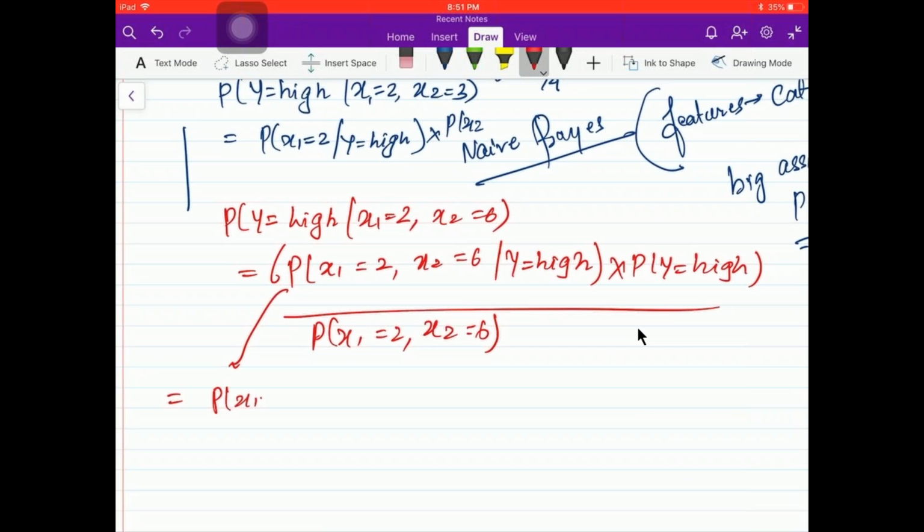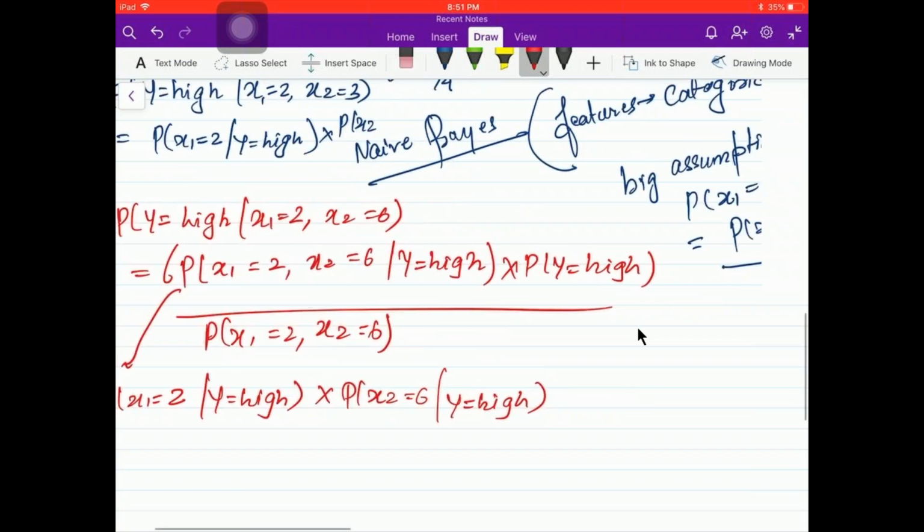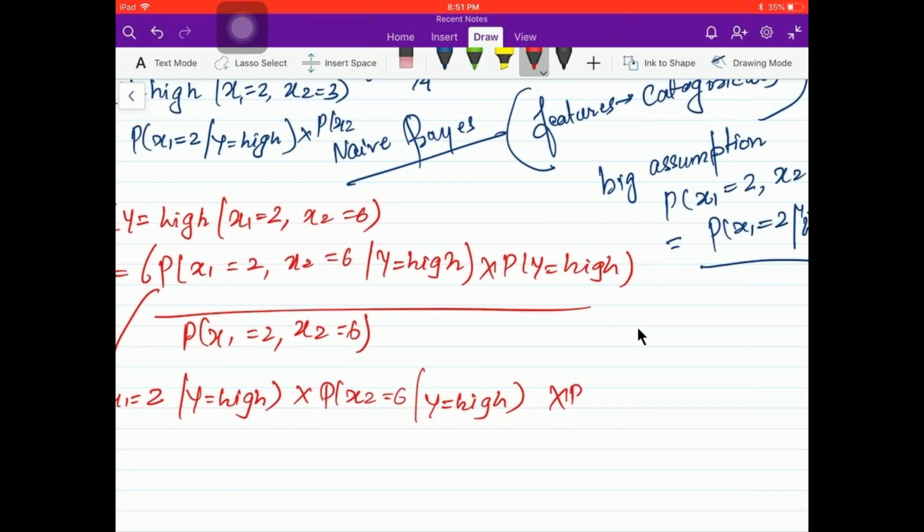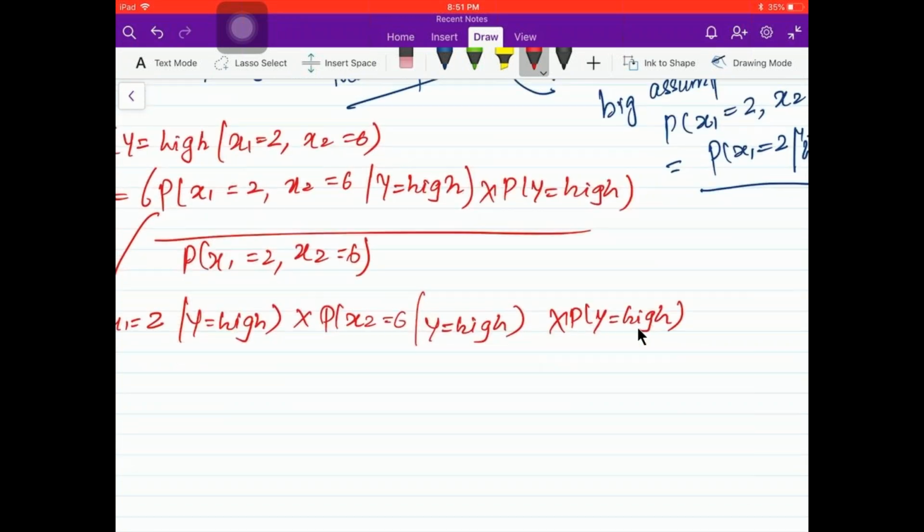So I say the probability of x1 equal to 2 given y equal to high, into the probability of x2 equal to 6 given y equal to high, into the probability of y equal to high, divided by the probability of x1 equal to 2 into the probability of x2 equal to 6.